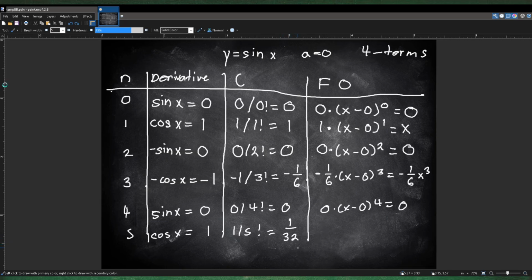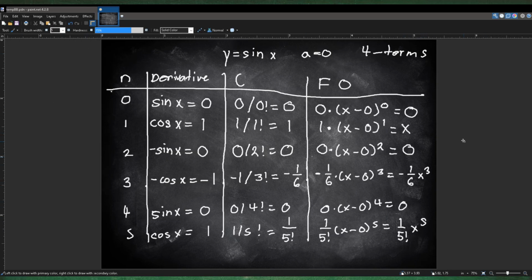Oops, sorry, that is not 32, that is 120. Actually, I'm just going to put it over 5 factorial so it'll be easier to understand. 1 over 5 factorial, and then you have x minus 0 to the power of 5, which is equal to 1 over 5 factorial, x to the power of 5, right?